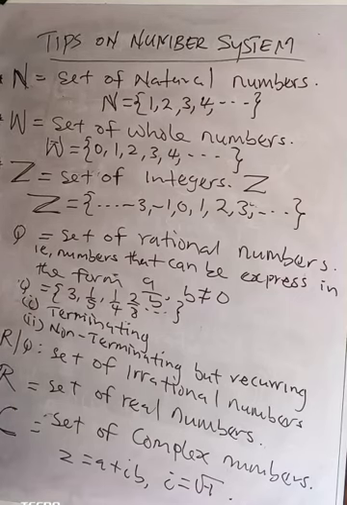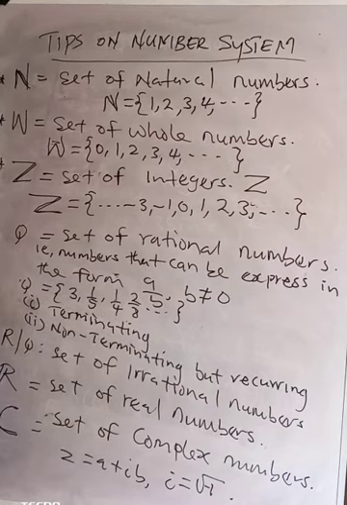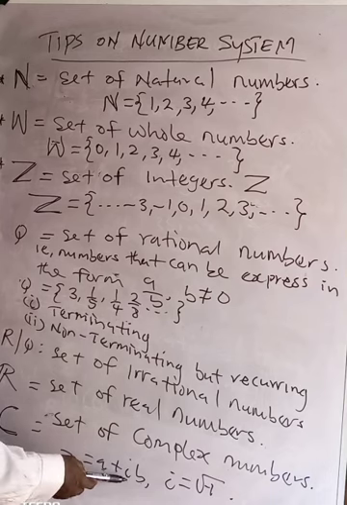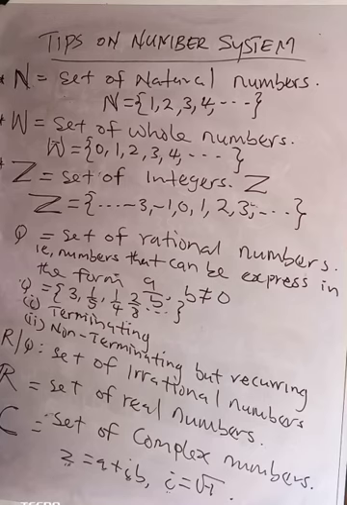All are embedded, all are contained in C, called the set of complex numbers. What's a complex number? A complex number is expressed in terms of, let's say, z equal to a plus ib, where a and b are real numbers and i, the imaginary part, simply means square root of minus 1.